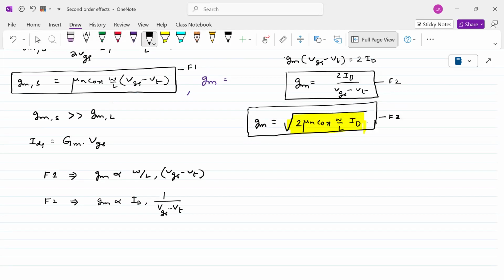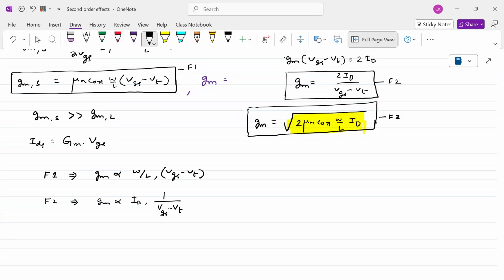That means you cannot say directly that the GM of the transistor increases by increasing VGS, but you have to think about the device dimensions as well as the current equation. Based on that, we have to say: if the W by L ratio is constant, then it is inversely proportional.